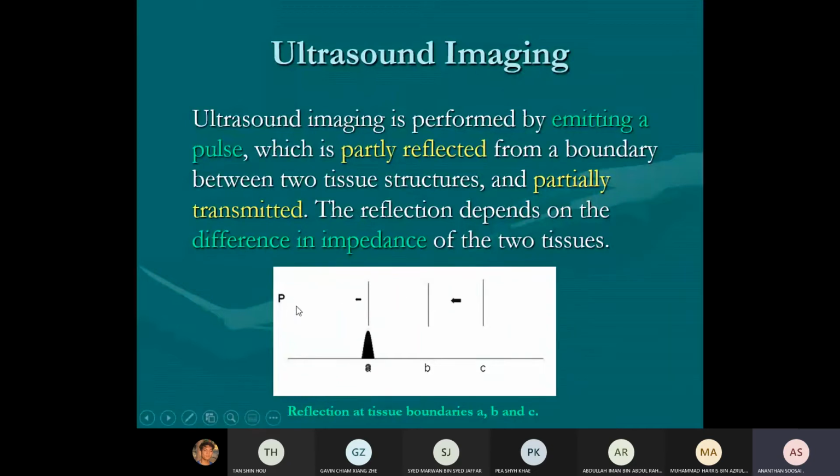If the majority is reflected and only a little transmitted, that means the depth the ultrasound can go in will be affected. If the majority is transmitted and only a little reflected, then the image is going to be deeper, the ultrasound can go deeper. So how deep the ultrasound can go depends on the impedance, on how much is transmitted.